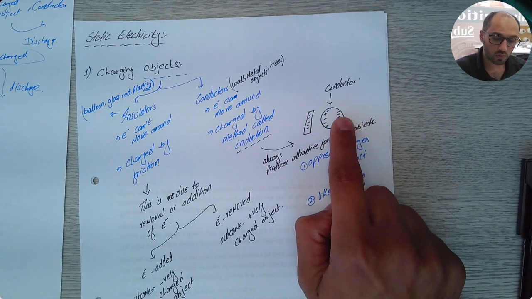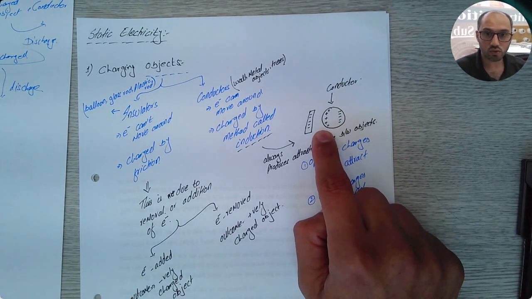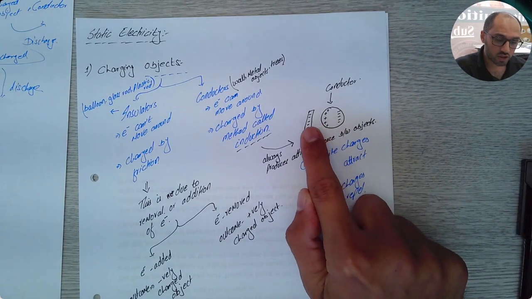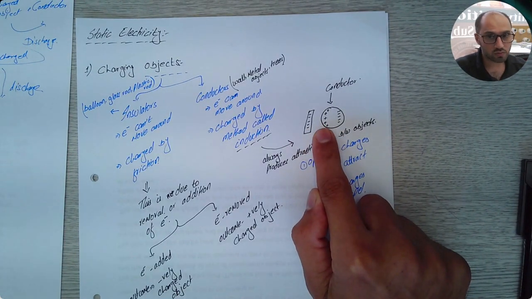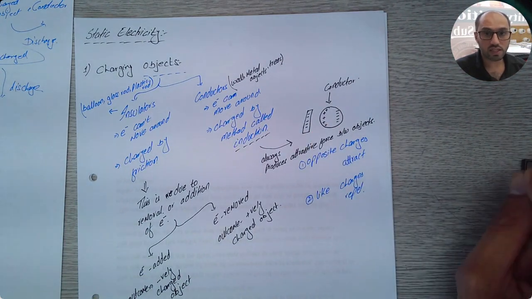So the right side will become negatively charged because this will have now surplus amount of electrons. Whereas the left side is short of electrons now, so it will obtain positive charge. Then you have to remember one thing, opposite charges always attract, like charges always repel. Between them two sides, there will be a force that will be attractive in nature.